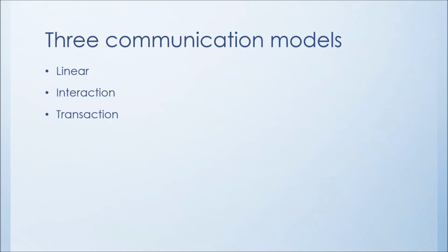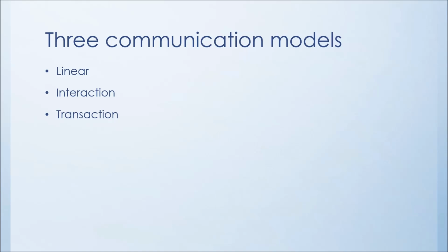But for now, let's think of the acronym LIT, L-I-T: linear, interaction, transaction. We call that acronym a mnemonic device, which is a brain trick that you can use to help you remember a list or the order that things come in. And in this case, it'll help you remember the order of complexity of these three models, with the linear being the simplest, the interaction model being slightly more sophisticated and complex, and then the transaction model being the most complex of the three.